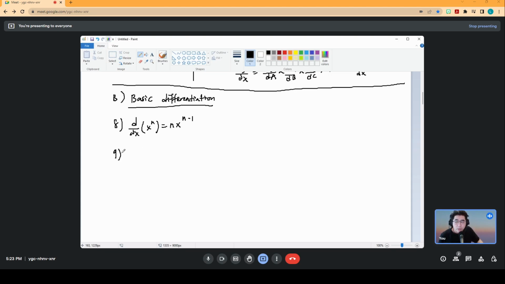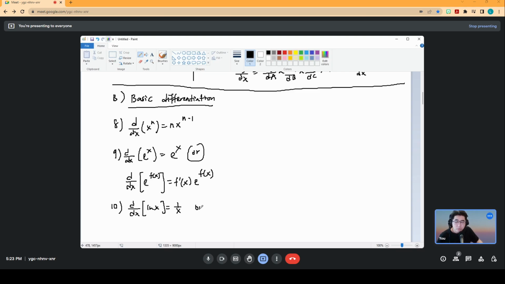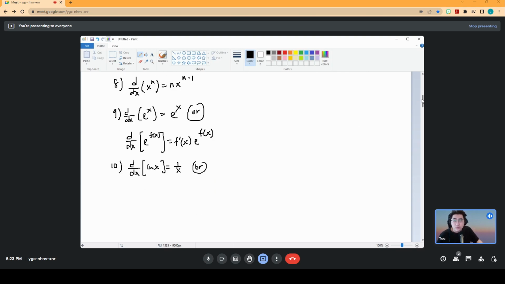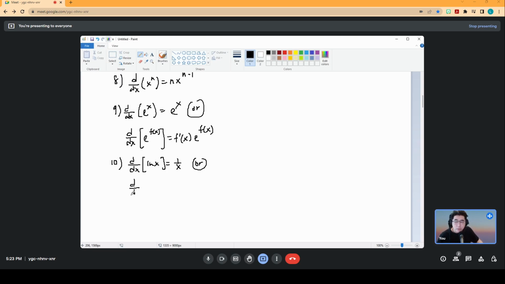Number 9, d dx of e to the x equals e to the x, or d dx of e to the f x equals f prime x times e to the f x. Number 10, d dx of ln x equals 1 over x, or d dx of ln f x equals f prime x over f x.